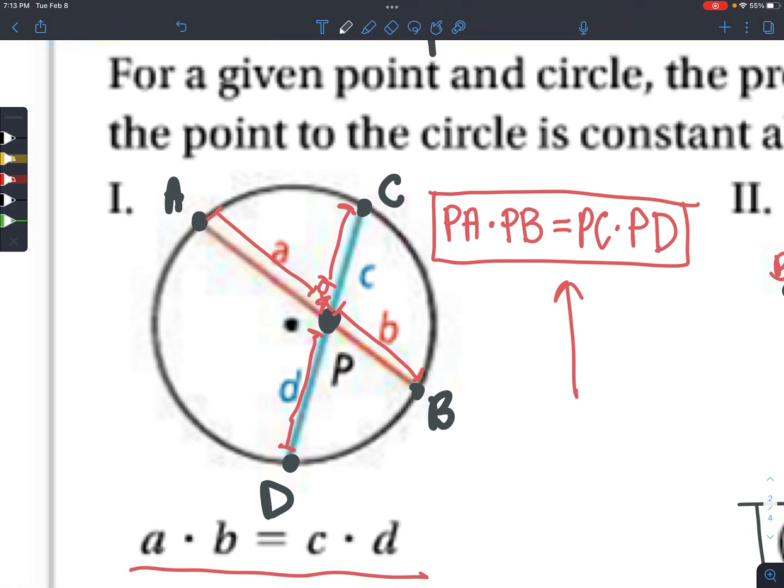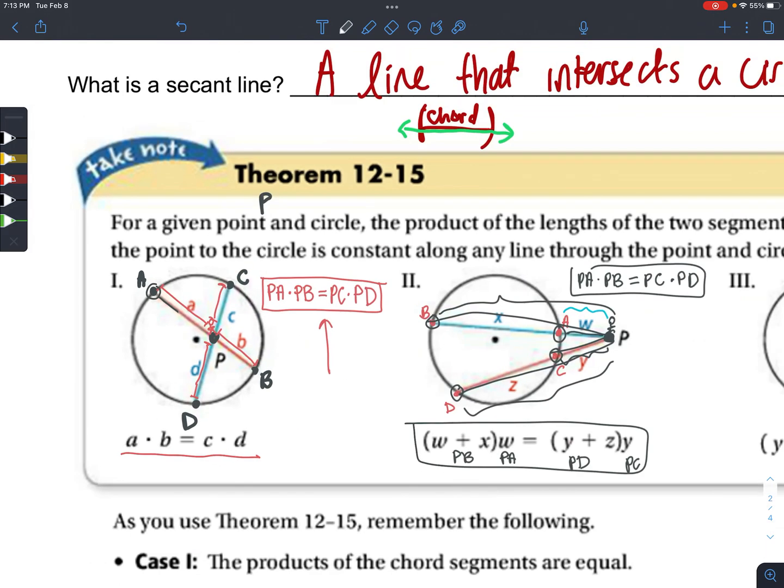Okay, so it's easiest to see with this one. You're at P, and you're looking out, there's going to be 4 or maybe 3 intersection points. And your job is to figure out how far it is to get there. So this is PA, this is PB. Right? And you're interested in where you hit the circle. That's what this theorem's trying to say, is there's a relationship between the distance to where the line hits the circle and the point that you're at.